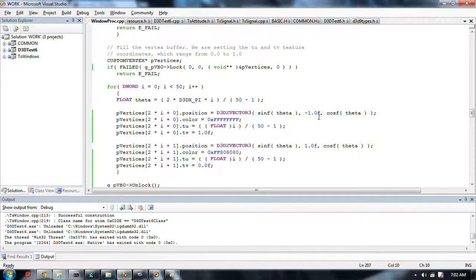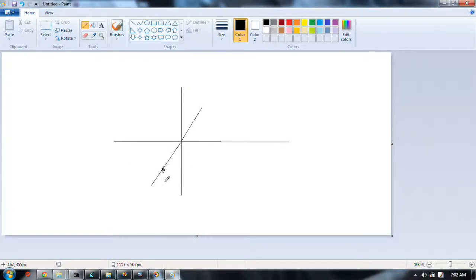And y equals minus 1, which is up here. Okay, there's point 1.